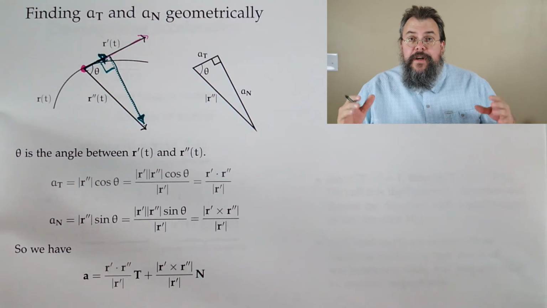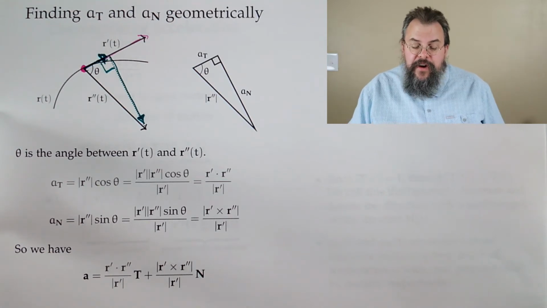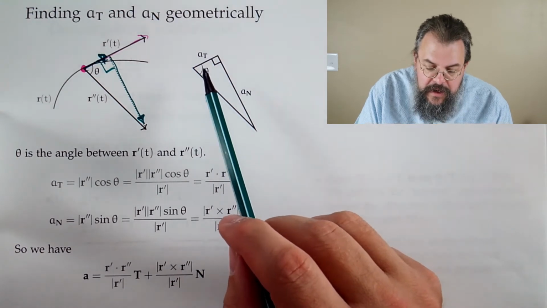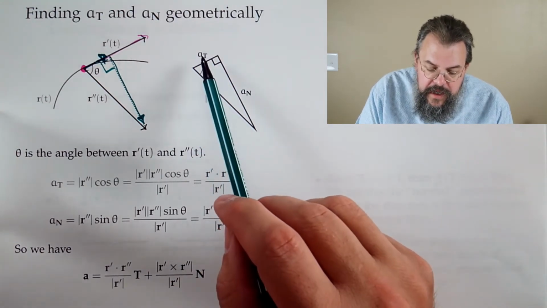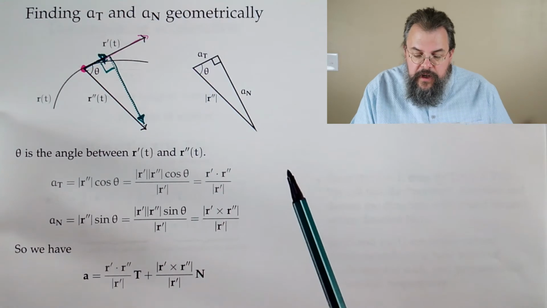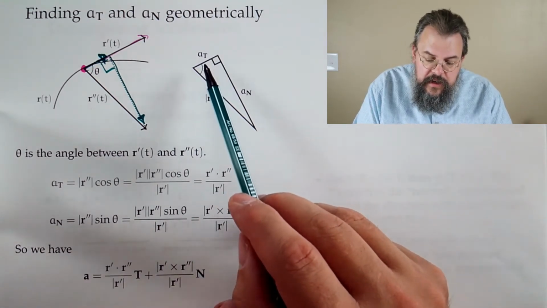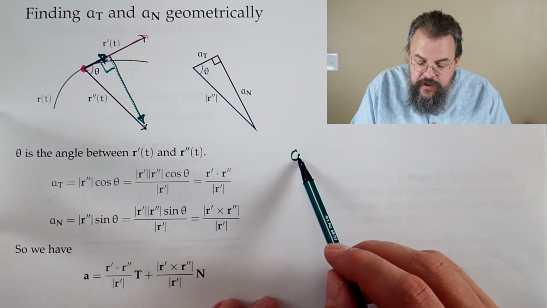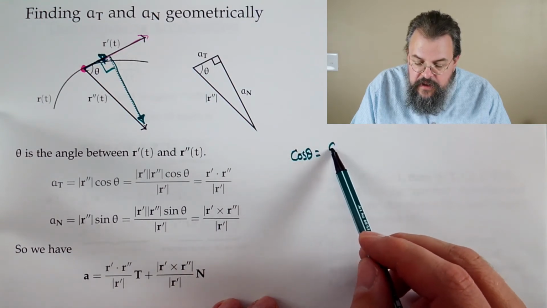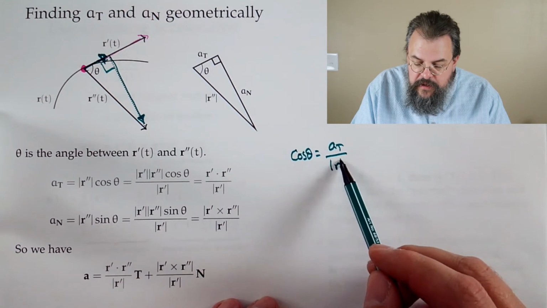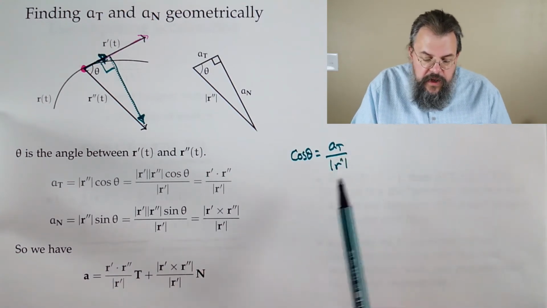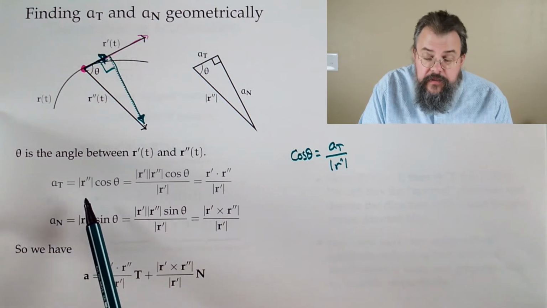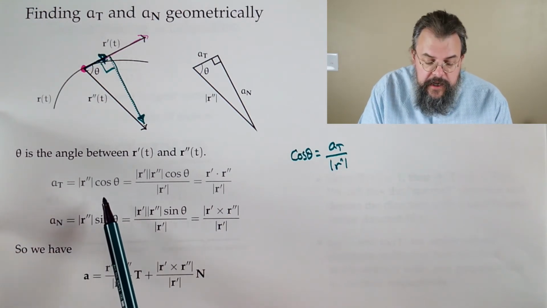Now, we pretty much are like 95% there, right? Because we say, we have a triangle, and we say, all right, suppose I want to find a sub t. Well, that's the adjacent side versus the hypotenuse, which we know. So cosine, that's the adjacent over the hypotenuse. So if you just rearrange, we can say, aha, a sub t is the magnitude of r double prime times cosine theta.